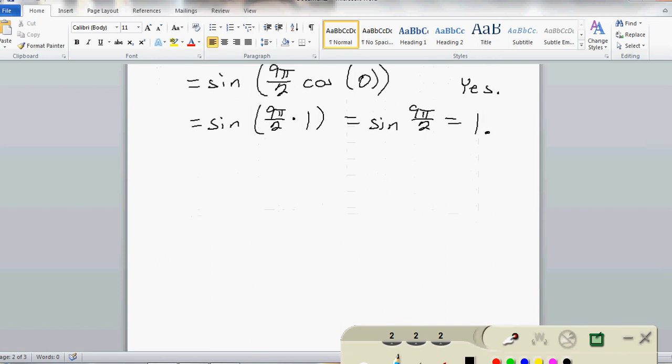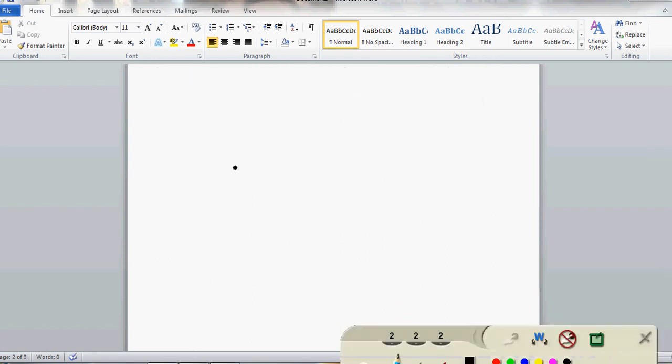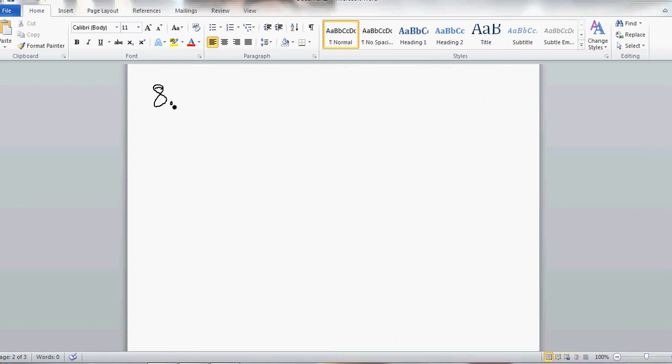And the final example we're going to do on this particular video is the last one in this group, and that's number 8. The limit as theta approaches negative 3 pi of the tangent of pi over 4 times cosine of the sine of theta.